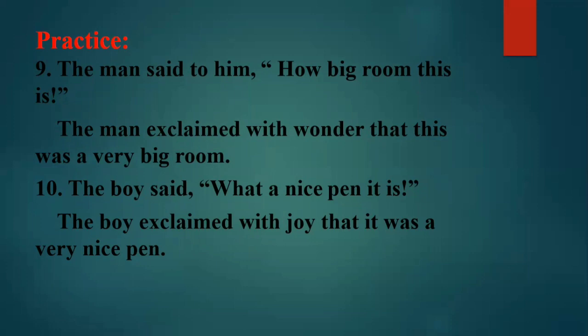Okay, dear learners, now in the feedback session I am going to give you some questions. I think you will be able to solve it. We have learned at first imperative sentence, I mean definition, then examples, and then we have learned direct to indirect.